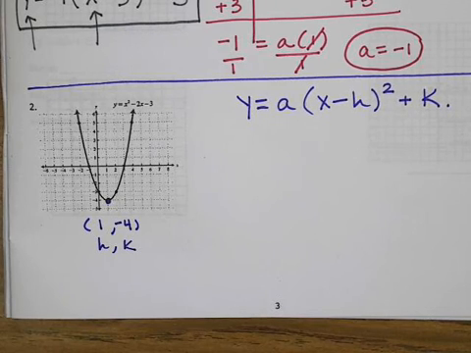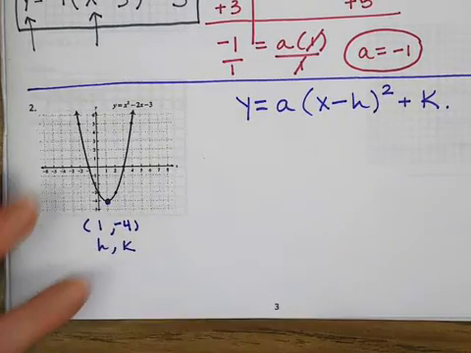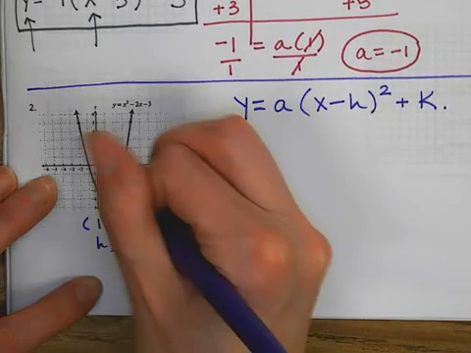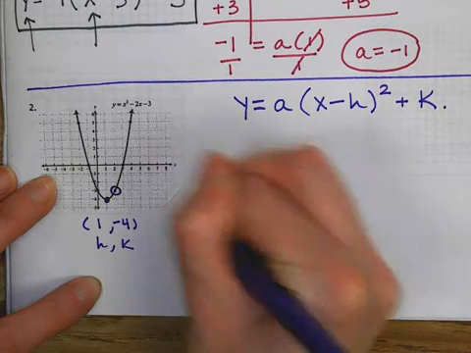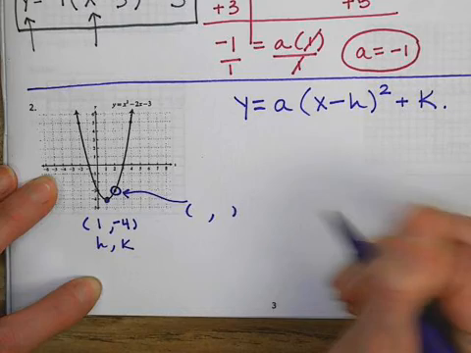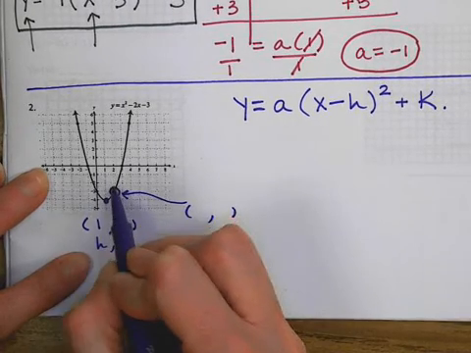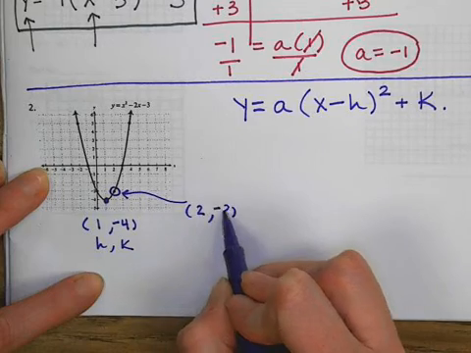And then we need 1 point. So you guys pick any point you want that you see on this parabola. I see one here that I think I can use. So what's the ordered pair of that point? That's 2 comma negative 3.